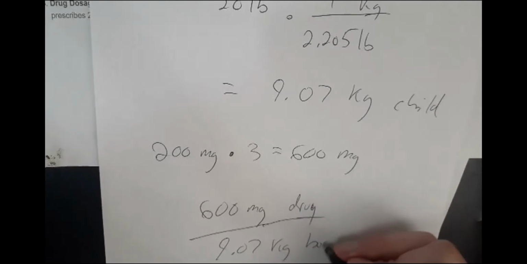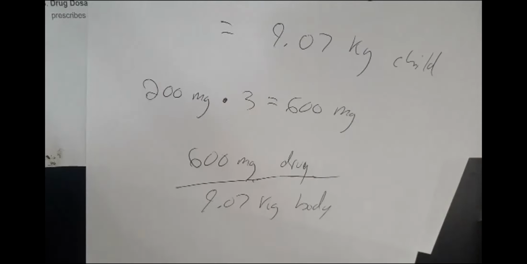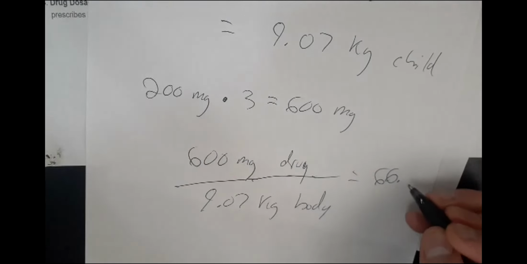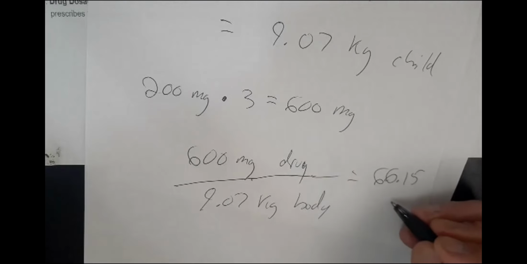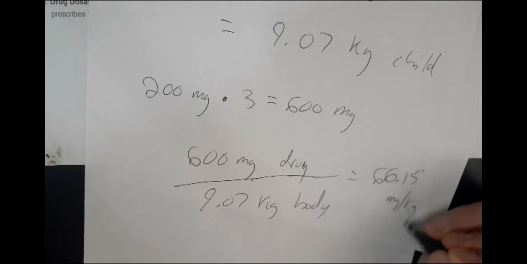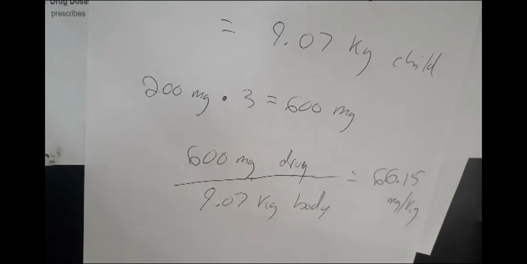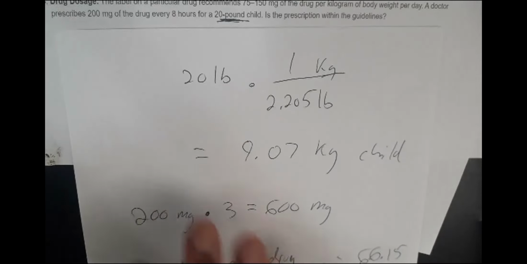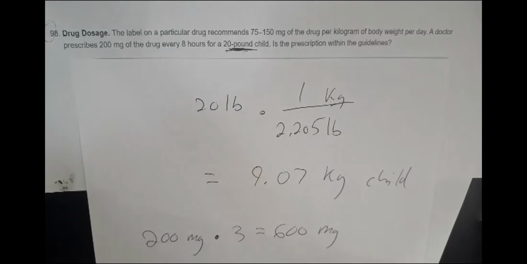Drug to the body, that's what we're doing. 600 divided by 9.07, what is that giving us? 66.15 milligrams per kilogram. Is that within the recommended dosage? It looks like he's under prescribing, right? Oh yeah, it's under prescribed.